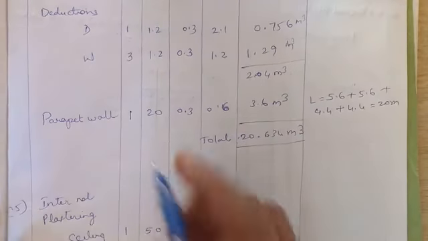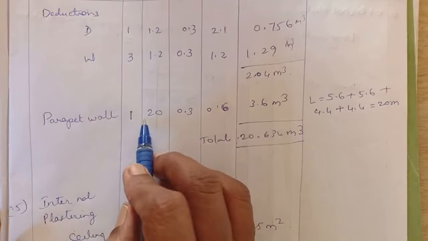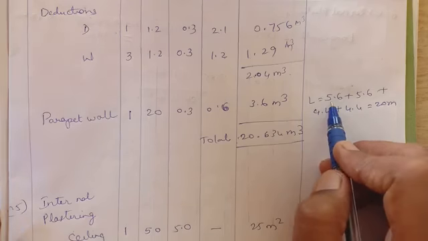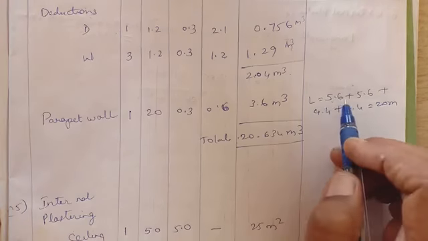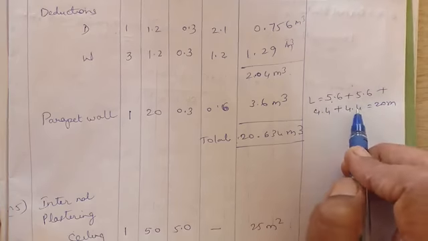And you have a parapet wall calculation. So length you can see, it is 5.6 plus 5.6 plus 4.4 and 4.4.